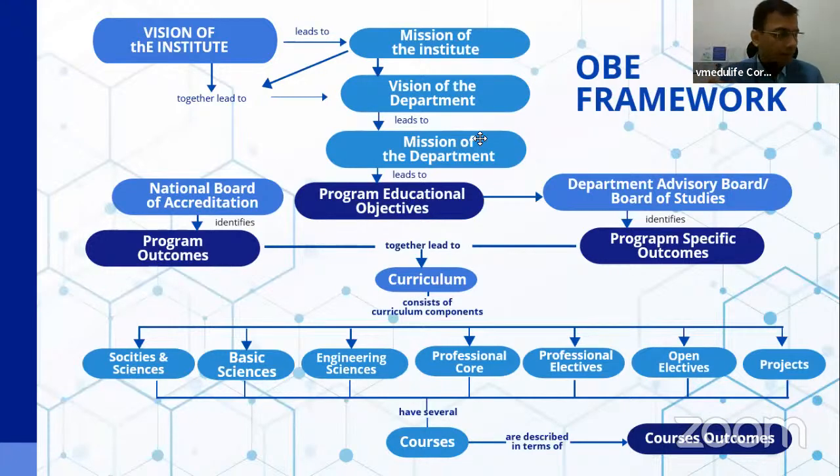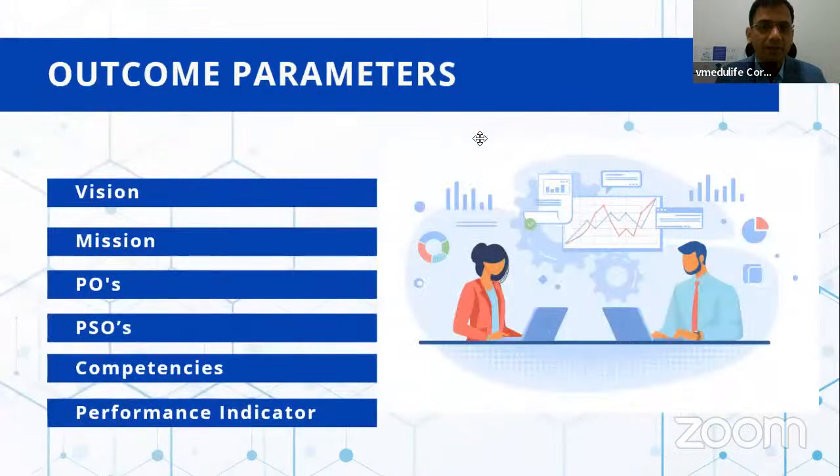Then it is followed by the curriculum, which is divided into aspects like professional electives, engineering science, basic science, science and humanities, projects, etc. And then it leads towards the course outcome. So the journey starts from the vision statement of our organization, and the very basic fundamental pillar is the course outcomes for our individual subjects or courses. This is how the overall tree diagram looks.